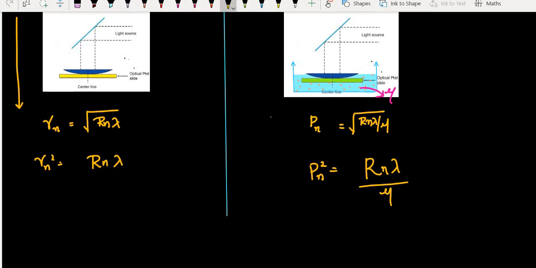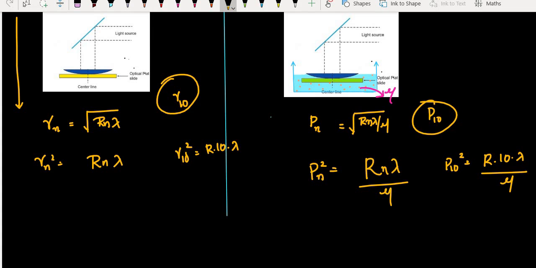Suppose I have the 10th dark ring: R10 square is equal to R into 10 into lambda, and P10 square is equal to R into 10 into lambda divided by mu. So I have the same radius. How to calculate? This is a very simple method. This is my equation number 1 and this is my equation number 2.